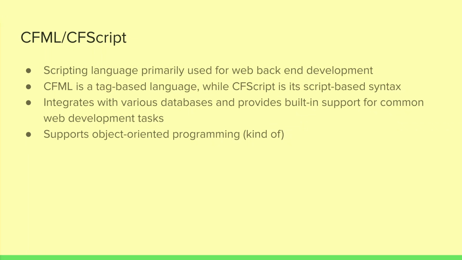It supports kind of OO with CFCs and components. The whole setup of object orientation in classic ColdFusion, and with that I mean what came out of Adobe initially, is sort of a bolted-on approach, right? At some point there was a need for having a way to encapsulate things, so they came out with components.